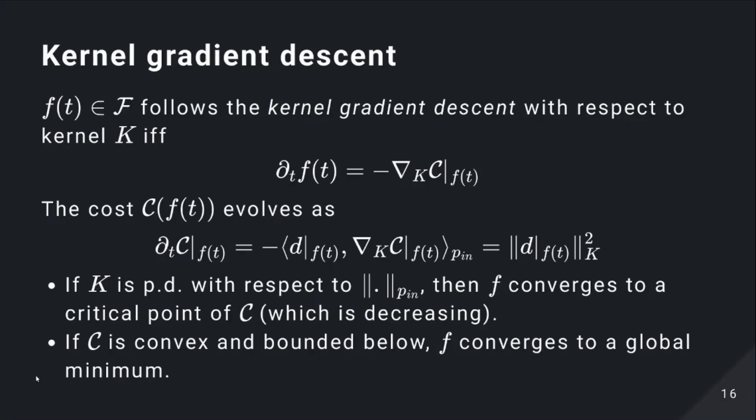And if you add the additional assumption that c is convex and bounded below, then we know that f will converge to some global minimum. That's nice because if you can show that our functional objective function is convex and that our kernel here is positive definite, we're guaranteed to have convergence to some minima.